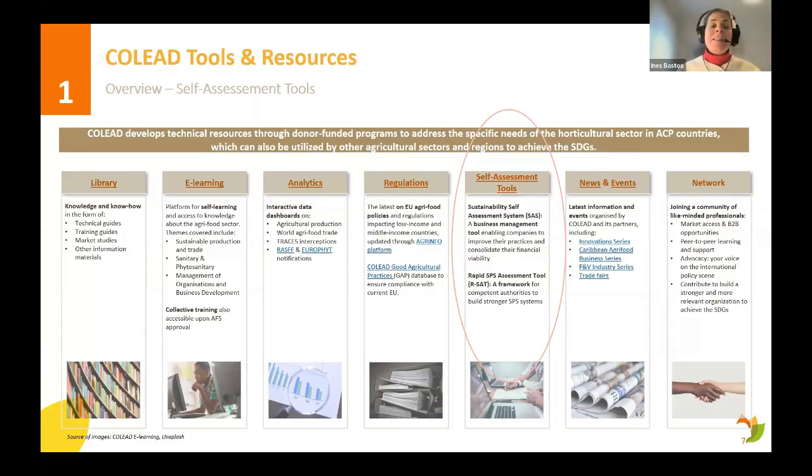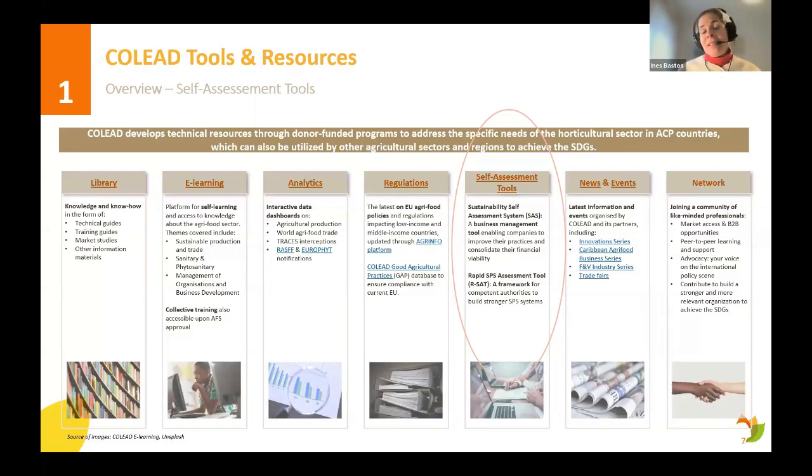Then we have market insights information with analytics, and we have regulations, where we have a very specific program called the AgriInfo platform that I hope everyone is registered to, with key information. We also have news and events and also our network. Being part of this community, and I think we are all part of this community, and being here today, you are definitely a key extended team of colleagues.